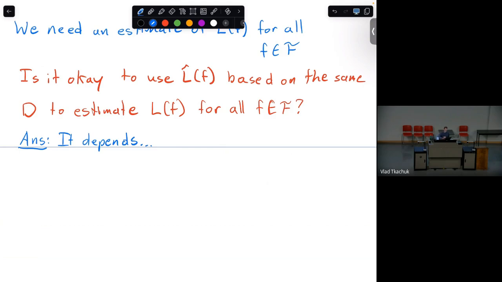And what does it depend on? It depends on how large n is, and how large F is. But we will discuss this later.